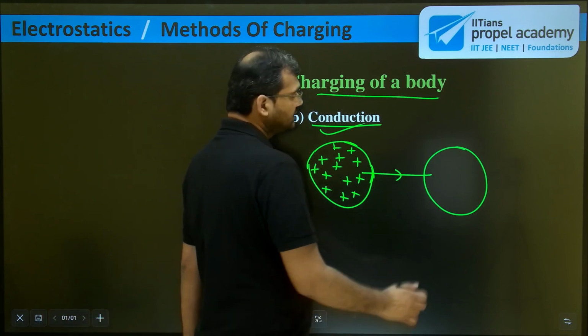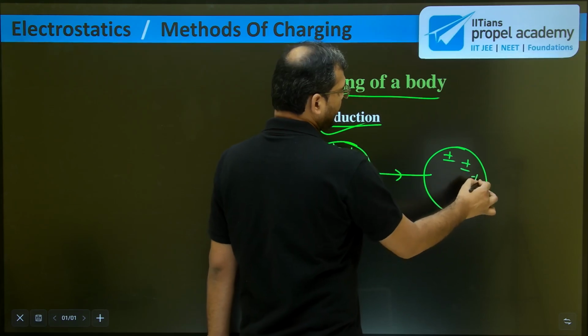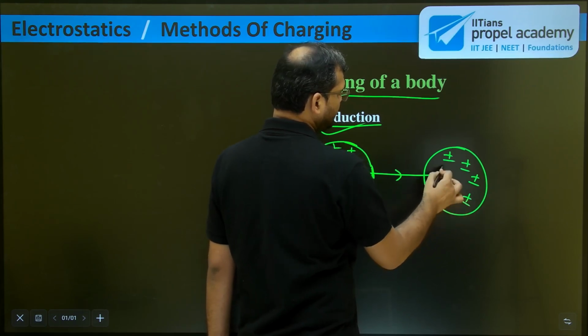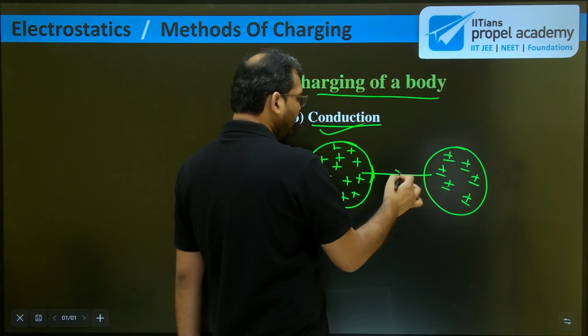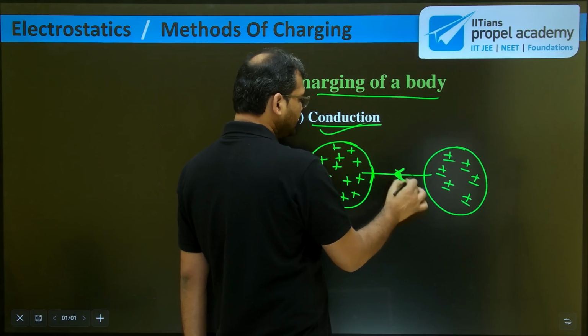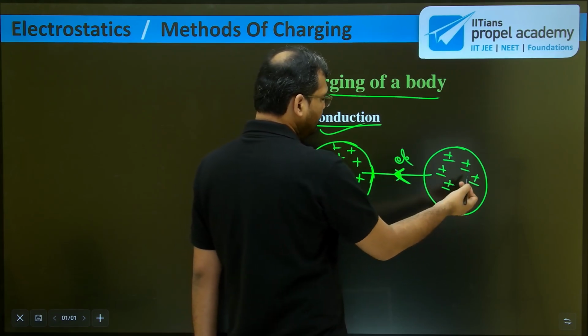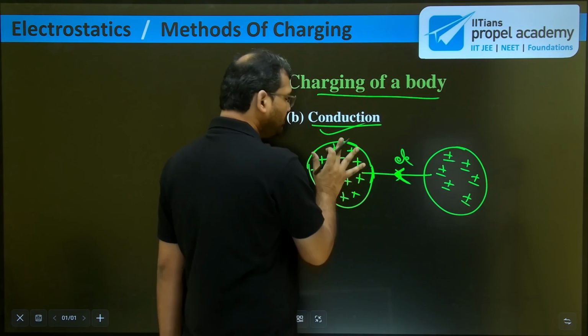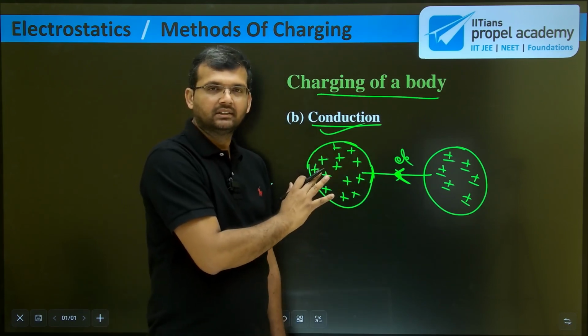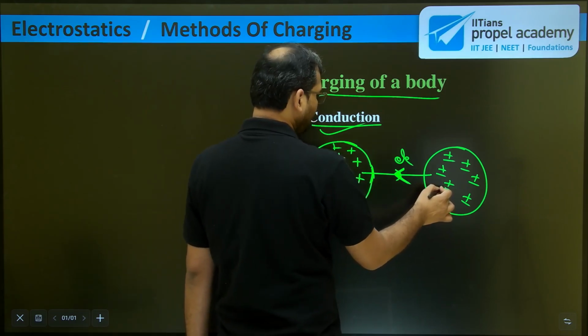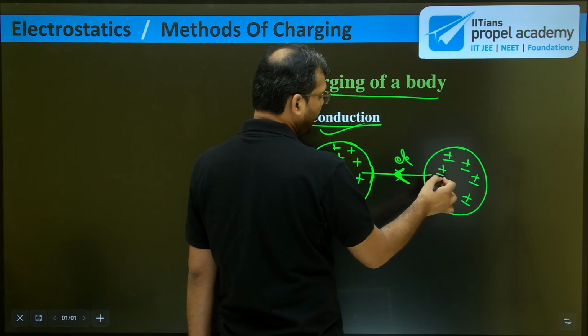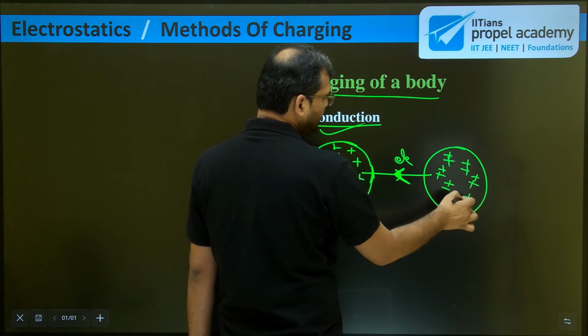Then you know what happens? Here you have both positive and negative. These electrons will travel, with the arrow opposite, from the neutral body to the positively charged body. Some of the electrons happily travel, which means you don't have negative here anymore. So, it becomes positive.